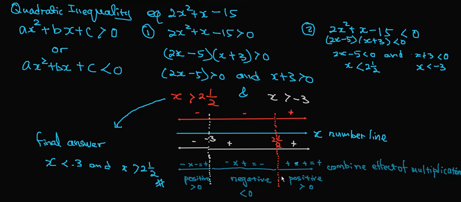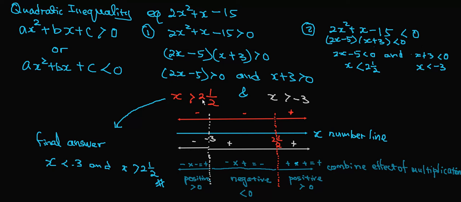So anything more than 2.5 will give you a positive value after the multiplication. Now, from -3 to 2.5, this is negative and this is positive. Positive times negative, or negative times positive, still gives you a negative. So this is less than 0.